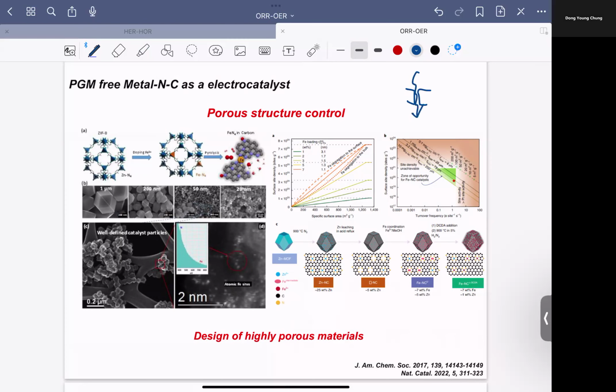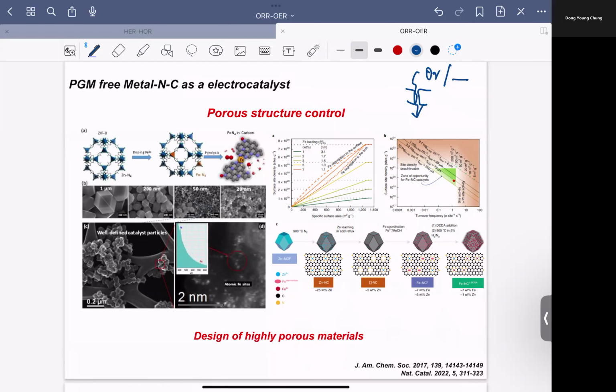So it is highly demanded to increase the utilization of the porous structure. And the easiest way is to decrease the size of the porous structure to decrease the pathway for mass transfer, right?